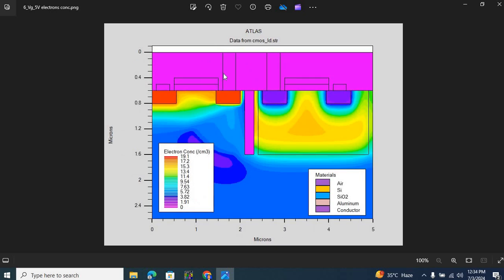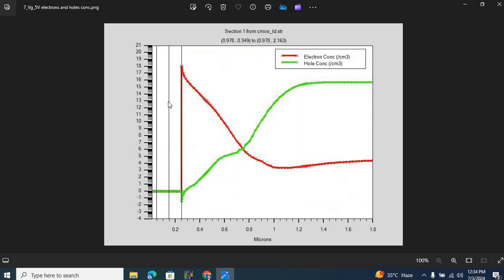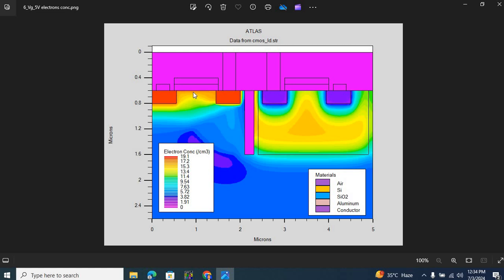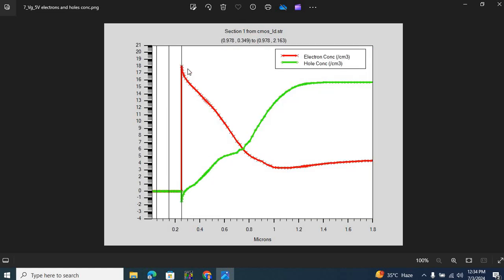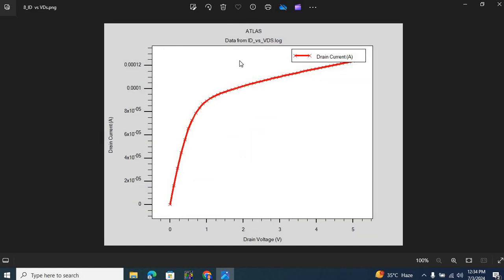Here is the structure under biasing, like we have applied a high voltage to this gate, attracting electrons, forming the channel, connecting the drain with the source. Here is the electron concentration inside the same channel under biasing, which is now high as compared to thermal equilibrium.